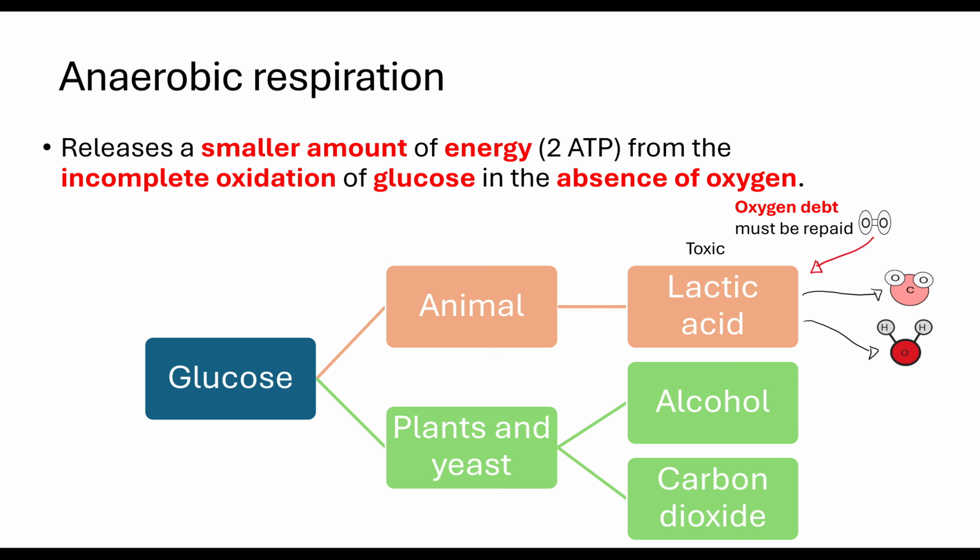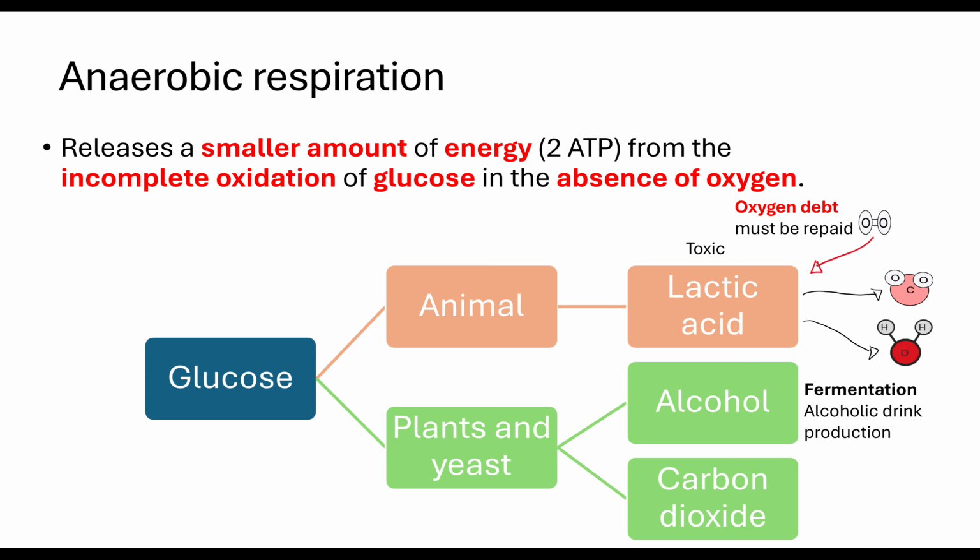Now, plants and yeast are able to do anaerobic respiration so that they can release a small amount of energy, but they do it slightly differently in the fact that when they do anaerobic respiration, they will produce alcohol and carbon dioxide. Now, alcohol, when we look at using yeast, for example, if you ever want to look at what's known as fermentation, you can do anaerobic respiration using yeast to produce alcoholic drinks.